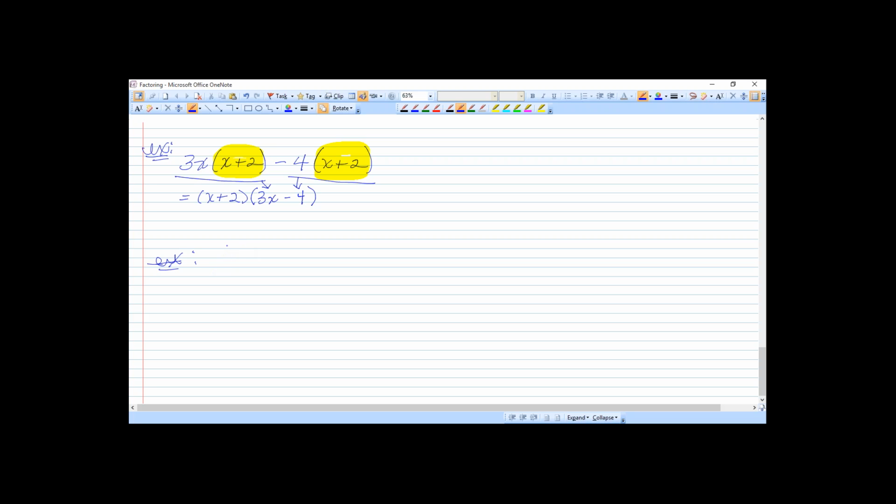All right, so this one is (5y minus 2) squared times (3x plus 1), plus, this is a big one, (5y minus 2) times (3x plus 1) squared, minus 4 times (3x plus 1). I think that's it. Yeah, that's it.